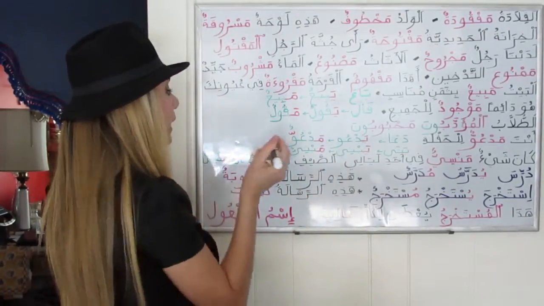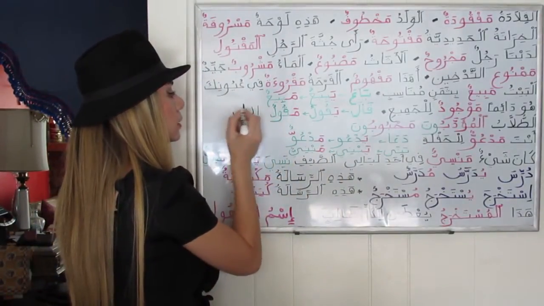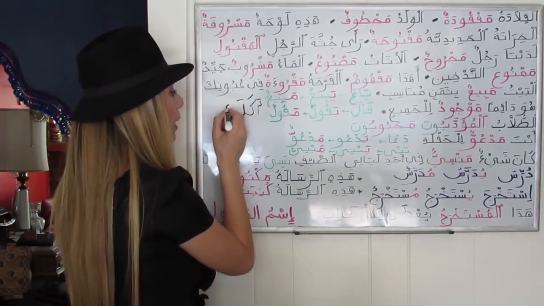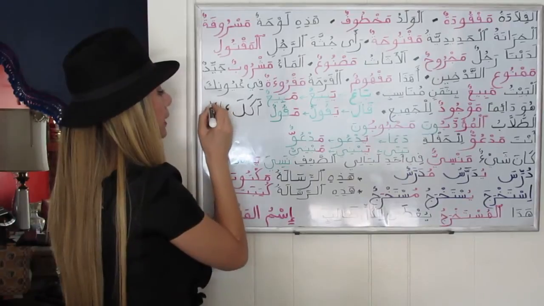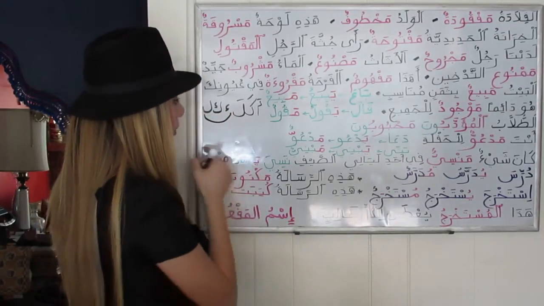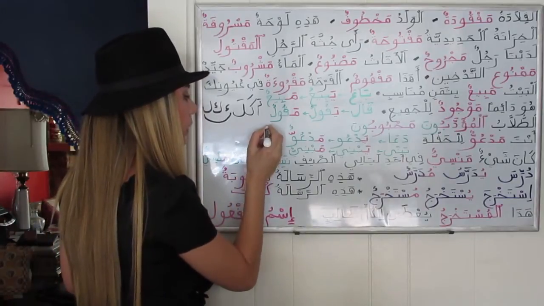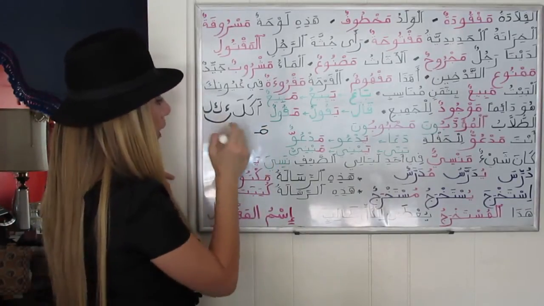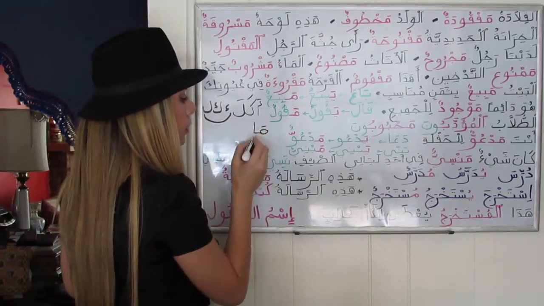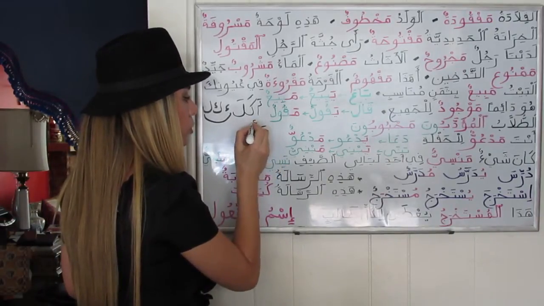أكل, to eat. مأكول, so we have a hamza, we have kaf and lam, right? So we follow the pattern مفعول, so we'll add the mim, right? We have a hamza. Since it is preceded by fatha, the alif is the best match.